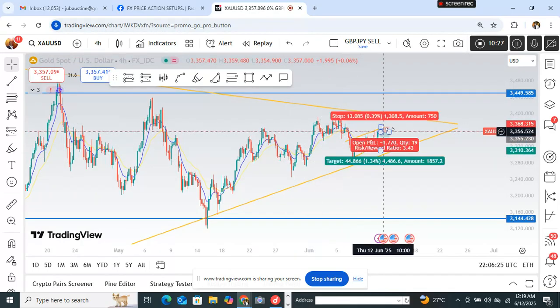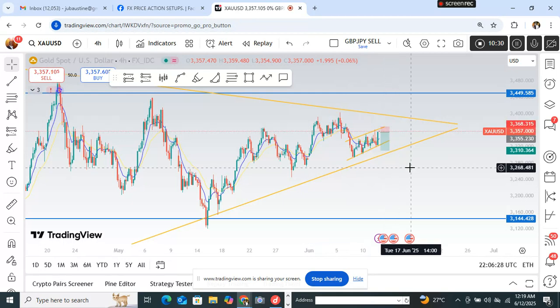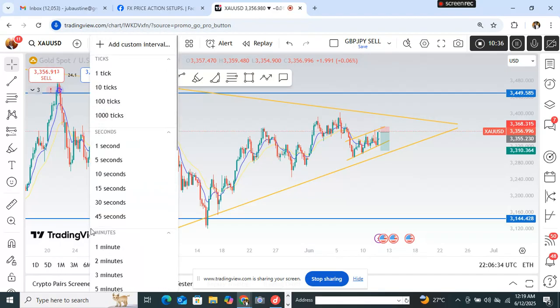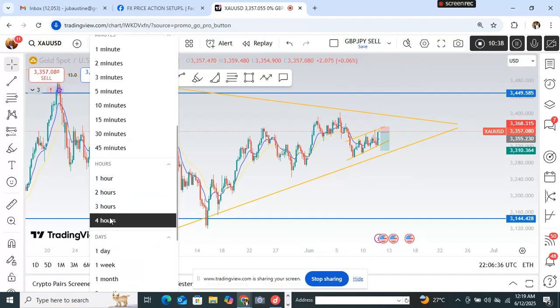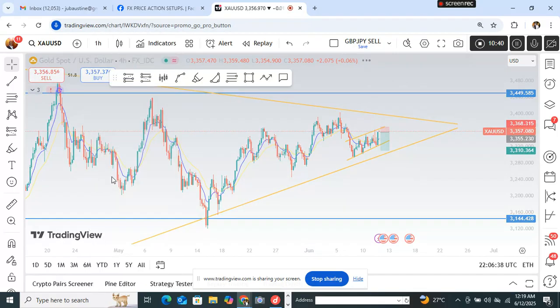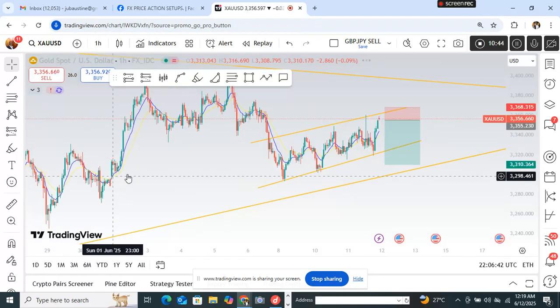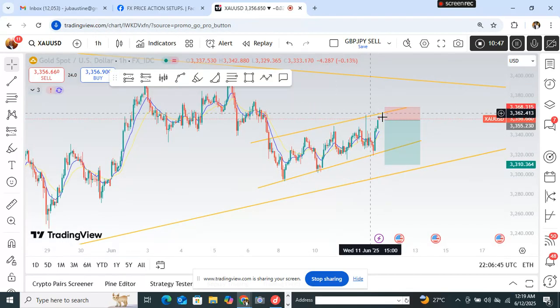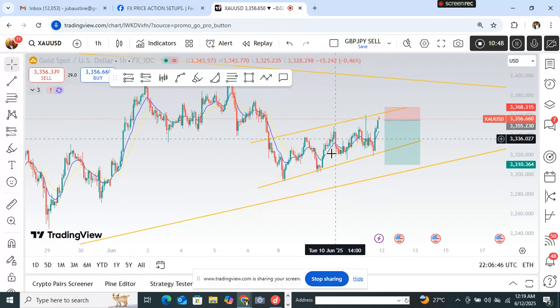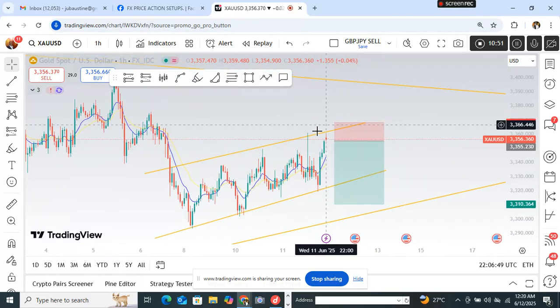It's having a pushback, and in an ascending channel, there's likelihood that the market can break below rather than breaking above. So we have a huge opportunity on both sides. For us to go for a bearish setup, we have to see that we have a setup before we can enter.